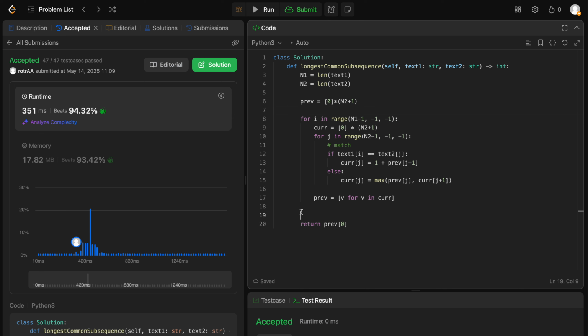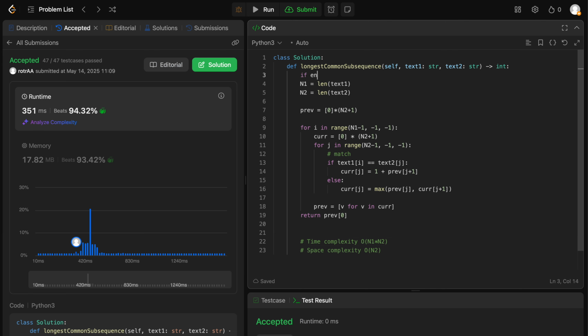I'll just write that down. So time complexity. So currently our previous is N2 always, but we can do something better, and that's this.